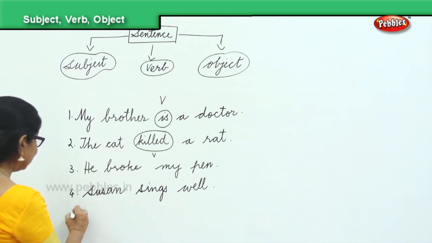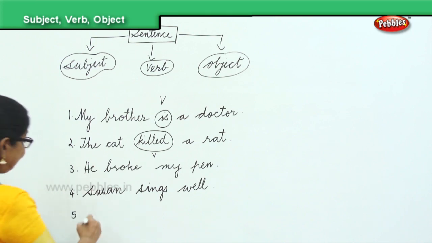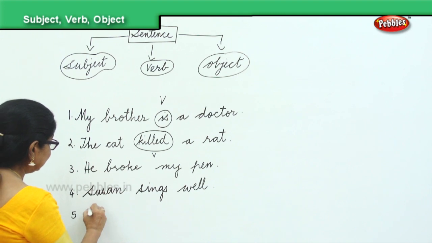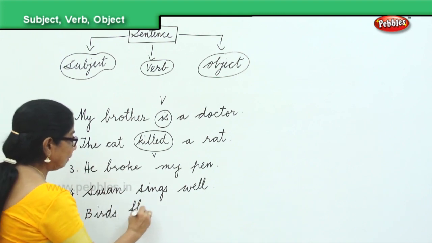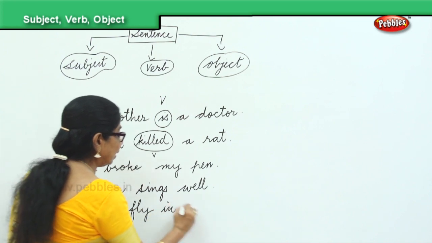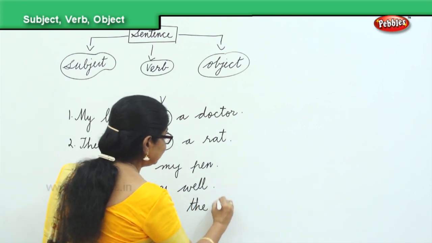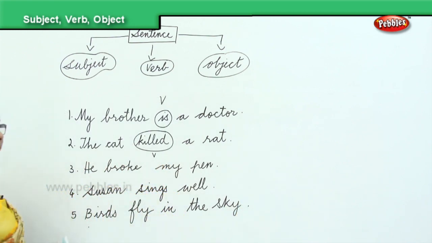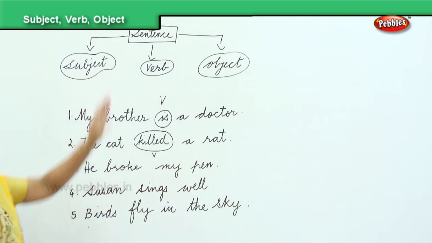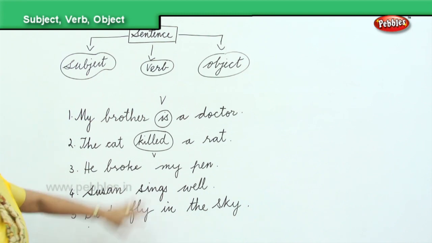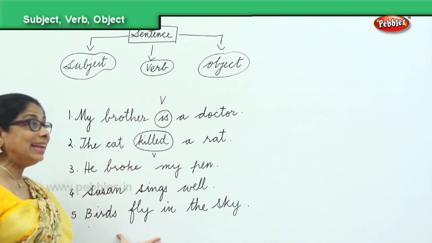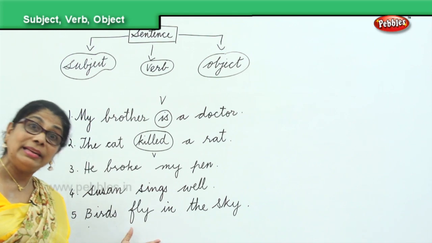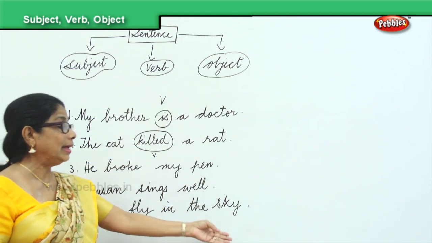Again, here I'll tell you: birds fly in the sky. It ends with a full stop and begins with a capital letter. Now, where is the subject? Birds are the subject. Where is the verb? Fly is the verb. Object: where are the birds flying? In the sky.